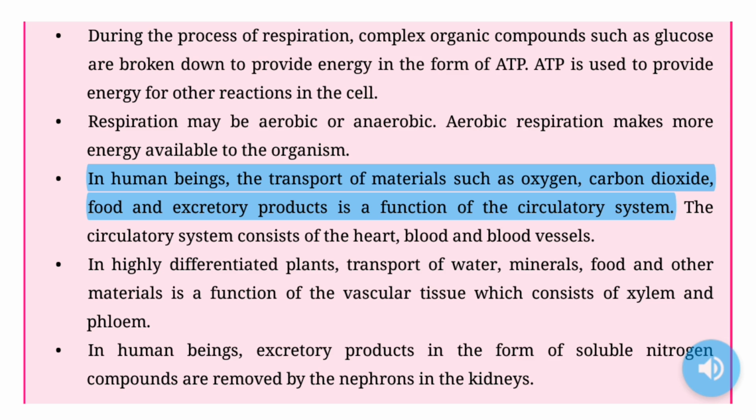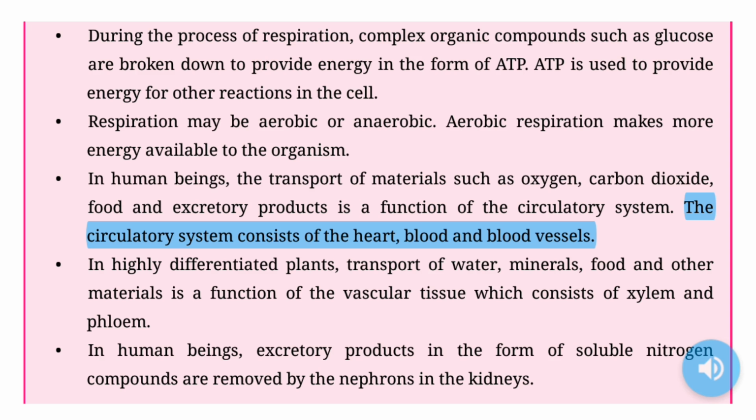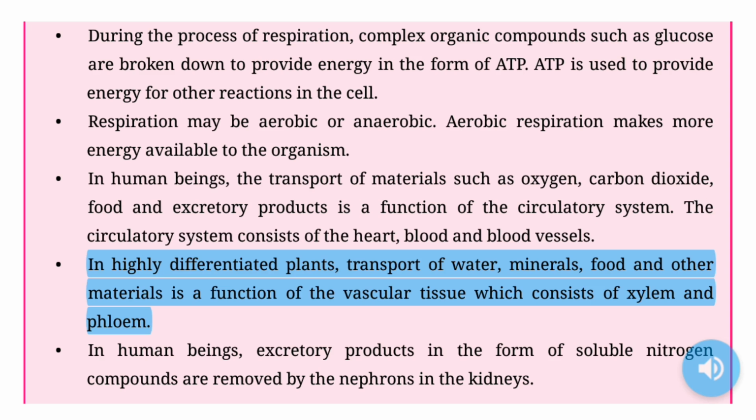In human beings, the transport of materials, such as oxygen, carbon dioxide, food and excretory products is a function of the circulatory system. The circulatory system consists of the heart, blood and blood vessels. In highly differentiated plants, transport of water, minerals, food and other materials is a function of the vascular tissue, which consists of xylem and phloem.